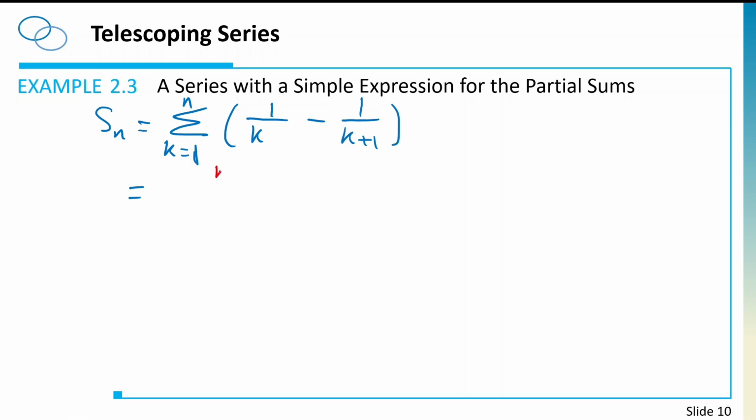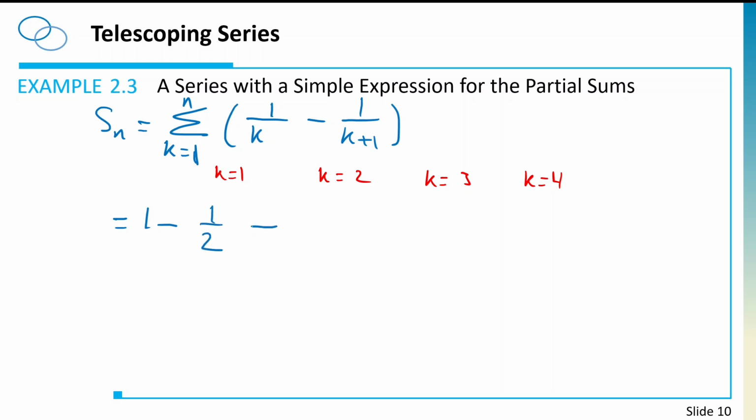So I start with k equals 1, k equals 2, let's take a few terms, 3, k equals 4. Let's see what we get. If k is equal to 1, 1 over 1, which is 1, minus 1 over 1 plus 1, which is 2. So this is a half.